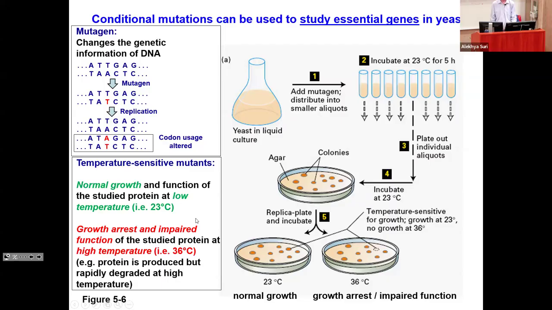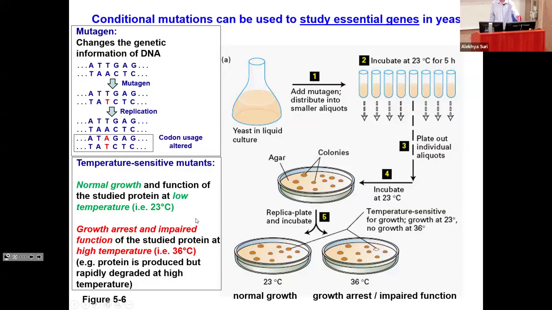In this example, we are using yeast, but you can also use animals. You can use, for example, C. elegans, worms, which is often studied, or flies.